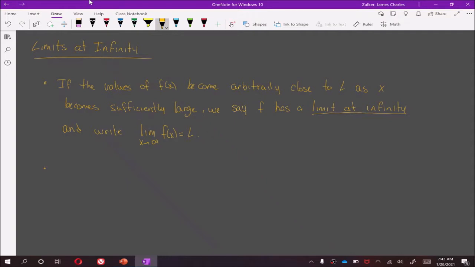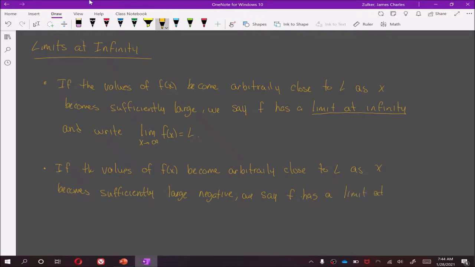Next definition is practically identical. If the values of f of x become arbitrarily close to L as x becomes sufficiently, here's one difference, large negative, and here's the second difference, it's a limit at negative infinity.